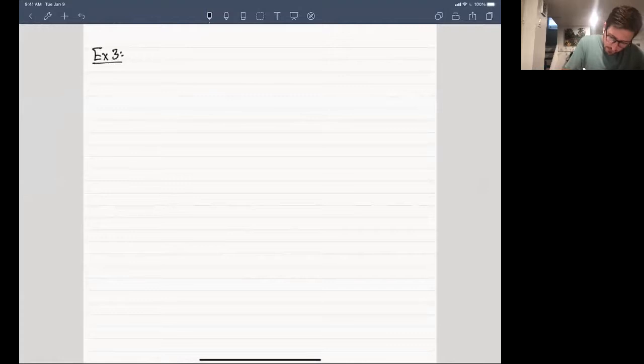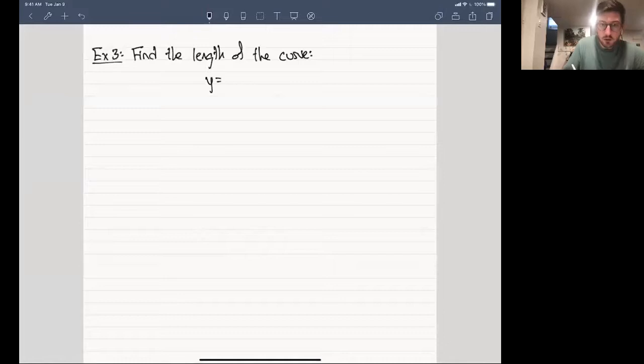Let's say find the length of the curve y is equal to 1/2 (e to the x plus e to the minus x). And this thing is going to be from 0 to 2.